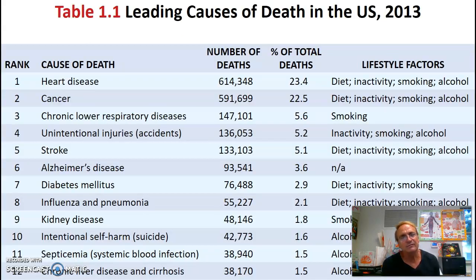Here we have a list of the leading causes of death as of 2013. And just yesterday in the newspaper, they were showing this list as to the numbers that are dying from these, as well as the number from coronavirus, because it has had such an impact on death this last year.